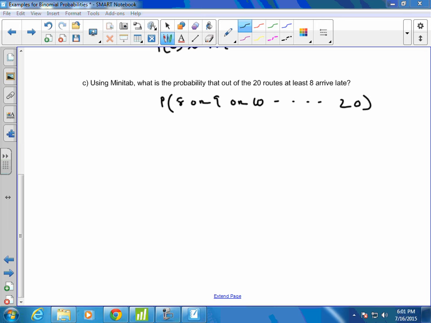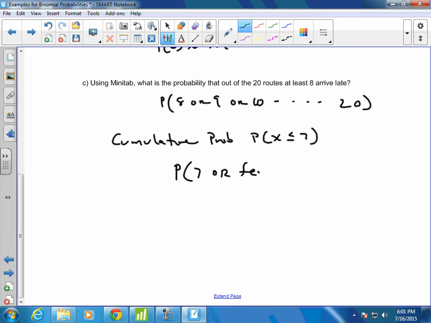What we're going to do is find the cumulative probability that x, the number of successes, is less than or equal to 7. And the reason I'm going to do it this way is this would be the probability of 7 or fewer lates, which is the complement of at least 8, which means probability of 8 or more late.